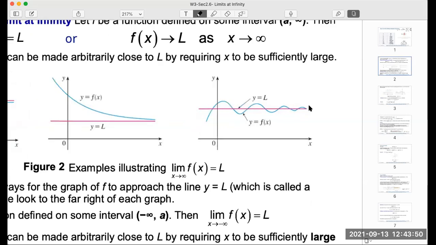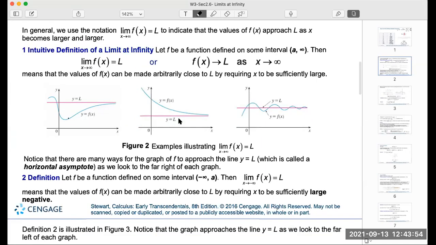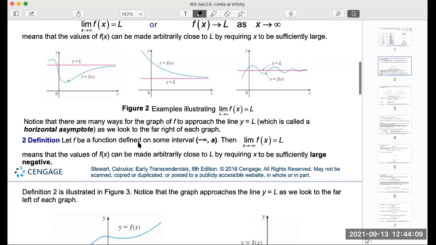They are both approaching the limit y equal to L. Similarly, if x goes to infinity and the limit of f of x approaches L, we call it another infinite limit.